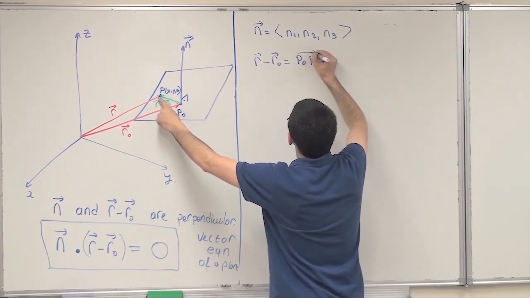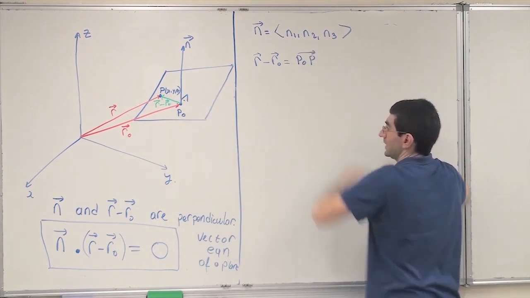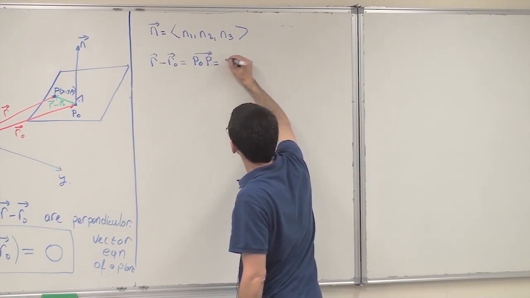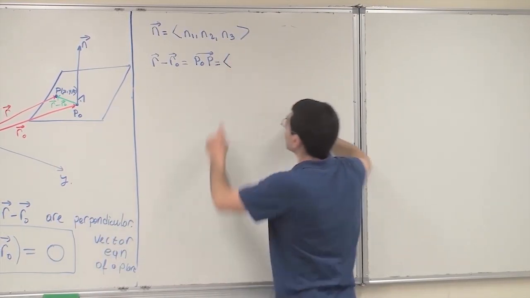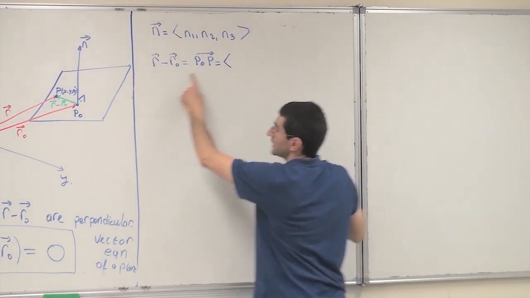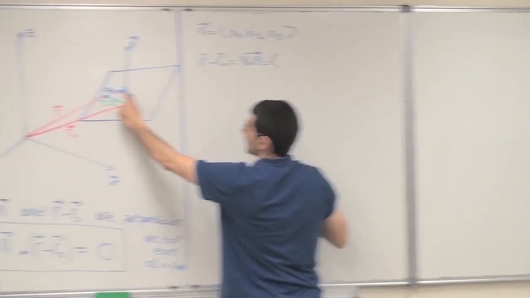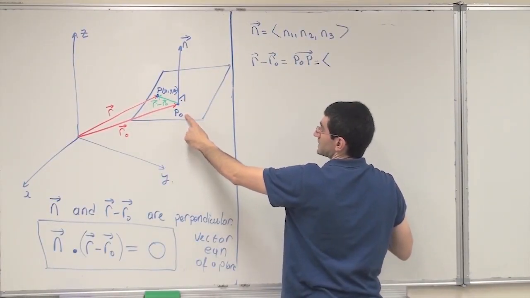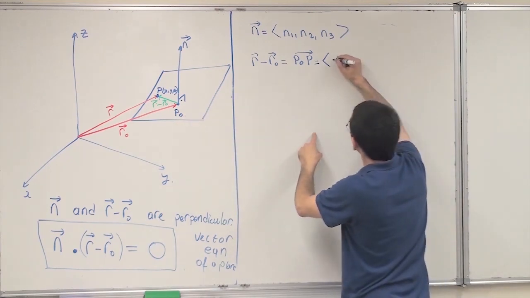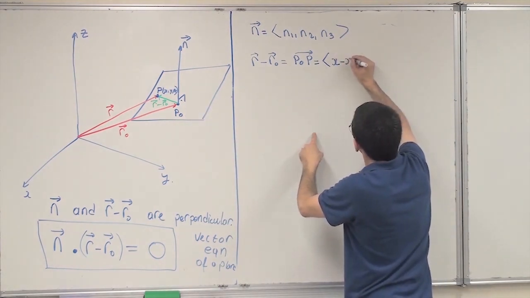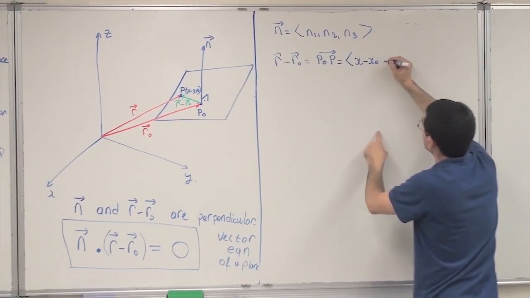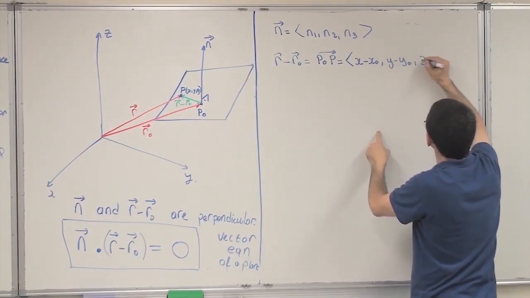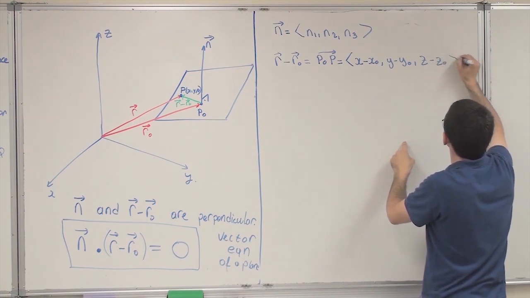So in fact, the vector r minus r0 is the vector p0p. So we know the coordinates of each point. The coordinates of the point P are x, y, and z. And the coordinates of the point P0 are x0, y0, z0. So this vector has components x minus x0, y minus y0, and z minus z0.